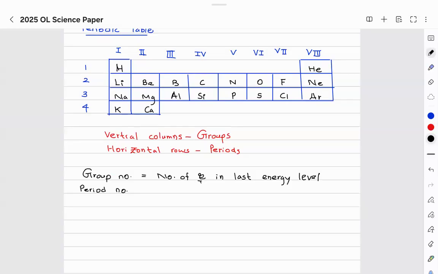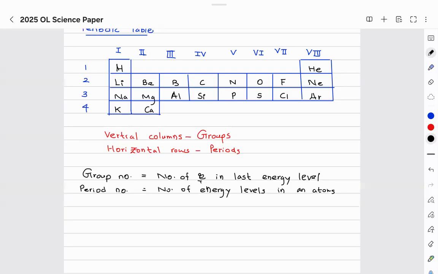Okay. So 1 to 8, they are groups. And period number is representing the number of energy levels in an atom. Okay.